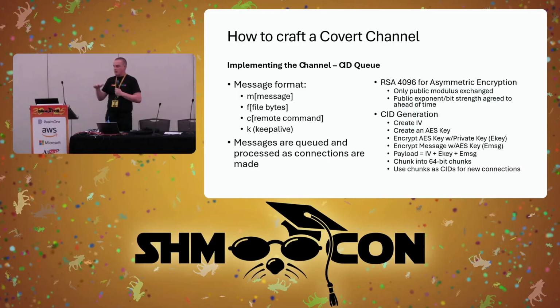Out of band would be better, but I implemented a key exchange where the public modulus is sent across, and then AES is used after that. And so you end up with this big chunk of encrypted information that you can then chop up into these connection IDs and use those connection IDs to open up connections and start transmitting encrypted data.